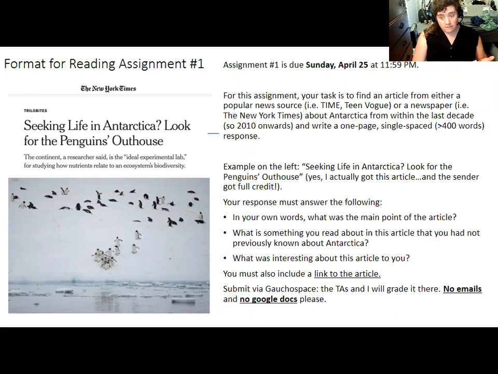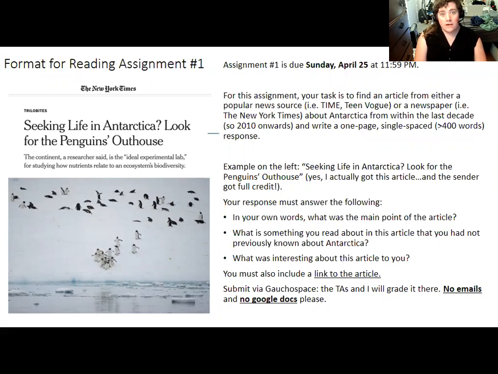It just needs to be greater than 400 words, and there's a couple of points you need to address. You need to address what the main point of the article was. You need to address what is something you read about that you had not previously known about Antarctica. And you need to write about what was interesting about this article to you. And very importantly, your response needs to have a link to the article somewhere.